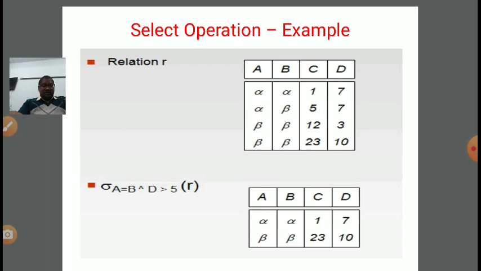In the third row, 3 greater than 5 is wrong, so the third row is omitted. The second row was already omitted. So the first and fourth rows will occur in the output relation, with four columns.